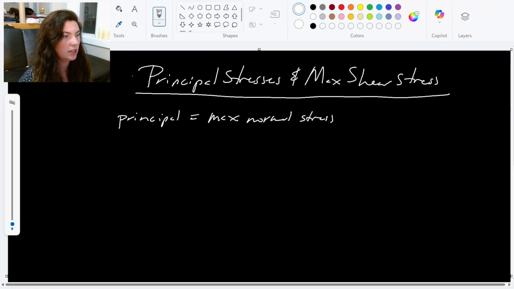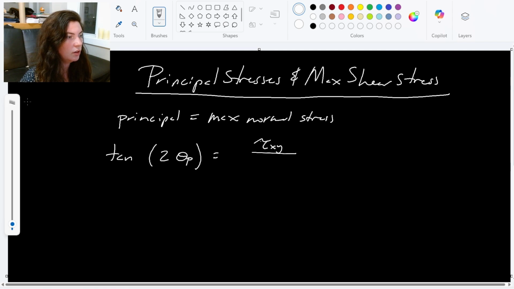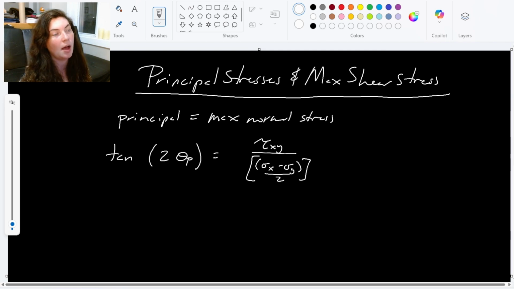Whatever rotation is giving us that maximum normal stress, that principal stress, is given by tangent of 2 times the angle of the principal stress is the original shear stress over the normal stress in the x direction minus the normal stress in the y direction over 2. So this is all in my denominator, and my shear stress is in the top there. So this is how I can find the angle of those principal stresses if that's what I'm interested in.